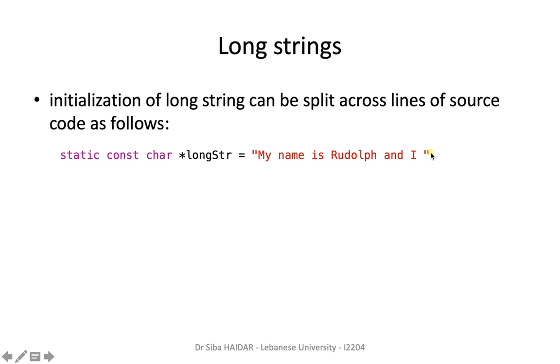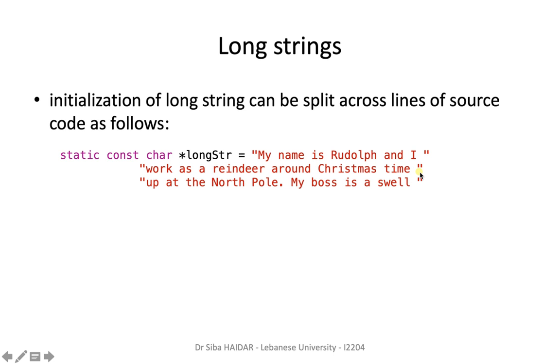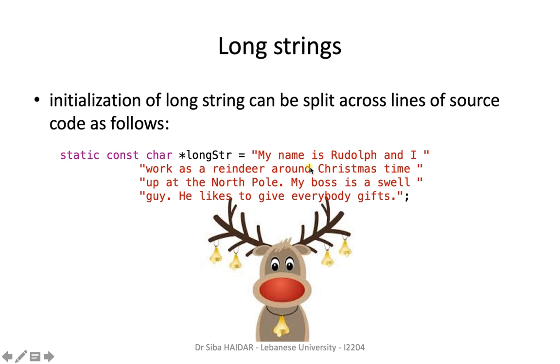You close your double quote and open it on the next line. Work as a reindeer around Christmas time. Also, another line, you close and you reopen. Up in the North Pole, my boss is a swell guy. He likes to give everybody gifts. So this is how we declare long strings, and then we can use them as normal strings.